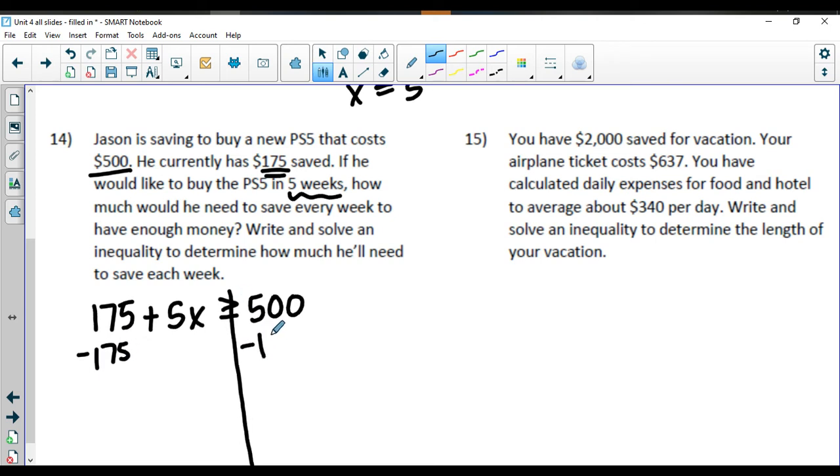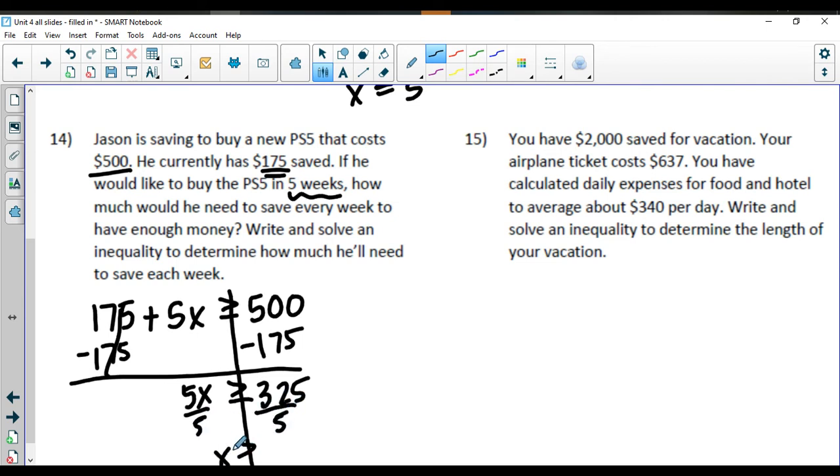So we're going to subtract 175 on both sides. So we get 5x is greater than or equal to 325. Dividing through by 5, we're going to get x is greater than or equal to $65. So he needs to save $65 or more each week.